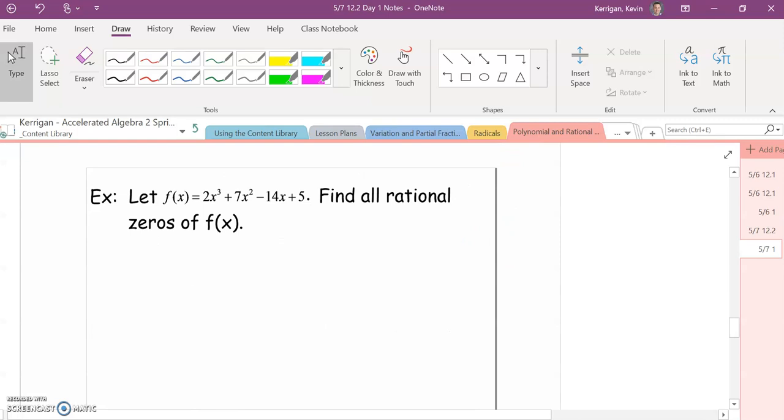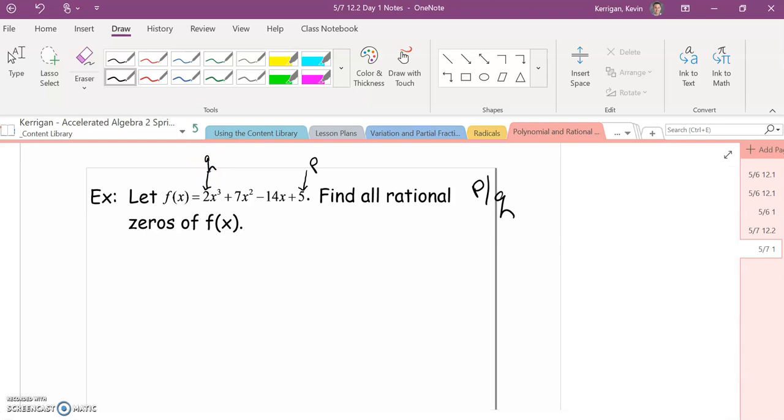Let f of x equal 2x cubed plus 7x squared minus 14x plus 5. Find all rational zeros of f of x. So as I said, if there is a rational zero, it is going to be some p over q, where p is an integer factor of my constant term, and q is an integer factor of my leading coefficient.